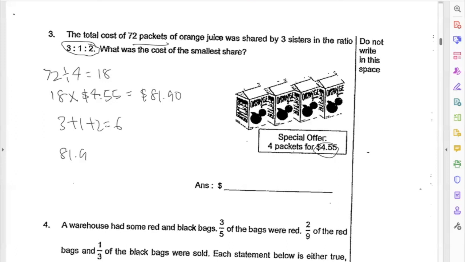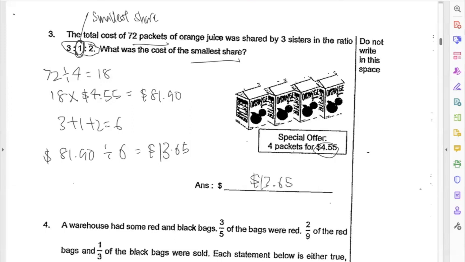And then you get $13.65 for one of these parts. And that would be the smallest share, which is what the question asked. So the answer is $13.65. Okay, let's continue with question number 4.